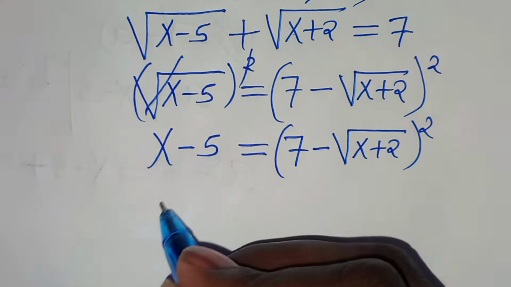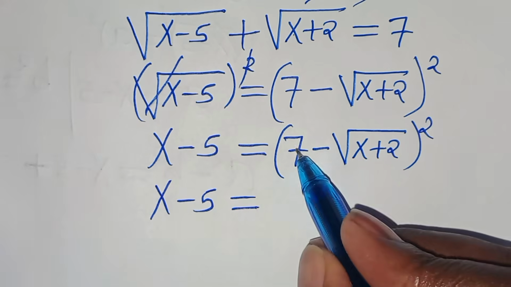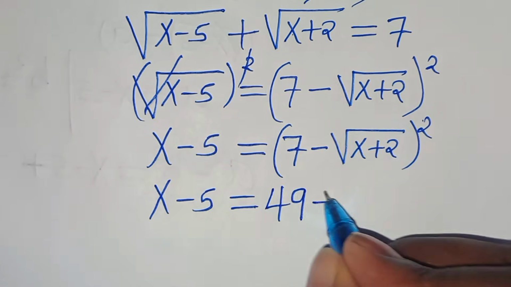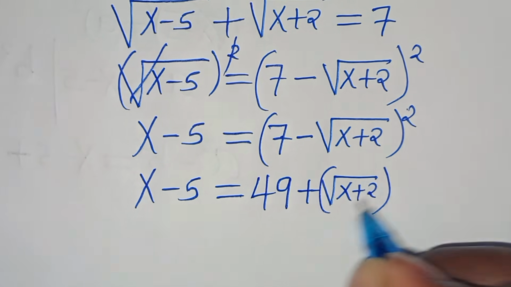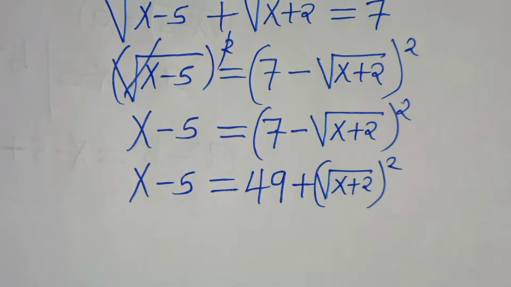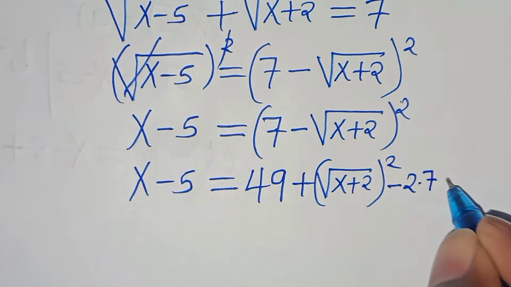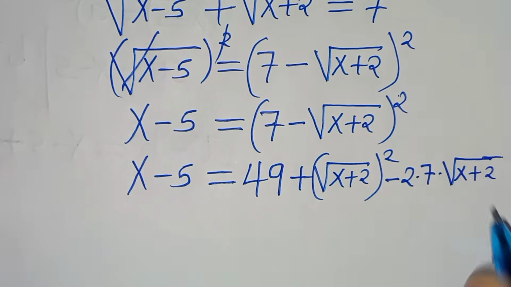So this implies that we have x minus 5 equal to 7 squared, which is equal to 49, plus the square root of x plus 2 raised to the power of 2, then minus 2 multiplied by 7 multiplied by the square root of x plus 2.